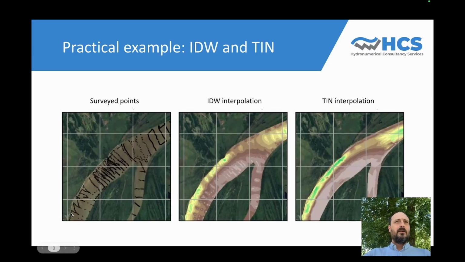This is something that's done very often as well, but it's a very artistic job, and it works well for single reaches like this, but if you get a bifurcation like this or a confluence, then it's much more difficult to apply, because what profiles would you interpolate to cover this zone, right?